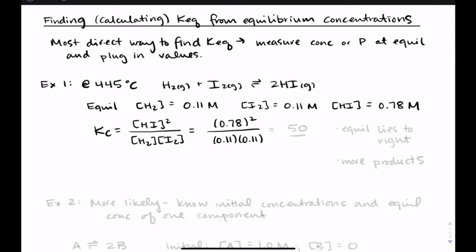And then I just plug in: concentration of HI at equilibrium is 0.78, so 0.78 squared divided by 0.11 times 0.11.